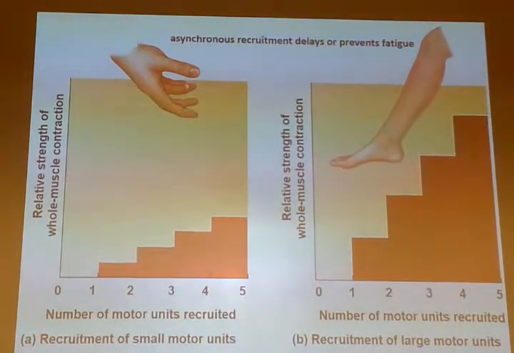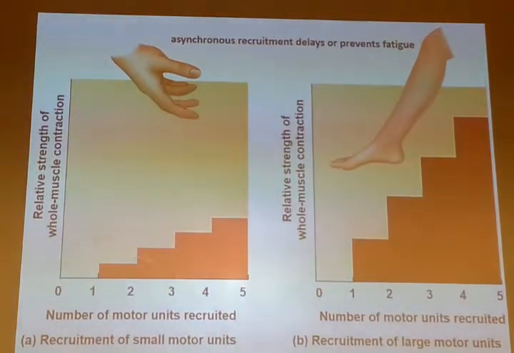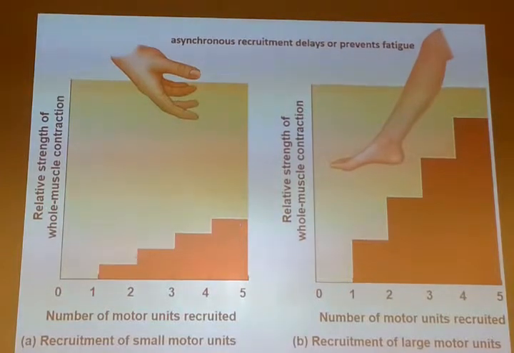So when you're doing fine motor movements, then you're selectively recruiting the smaller motor groups, and the overall muscle strength of muscle contraction remains low, but it has precision.